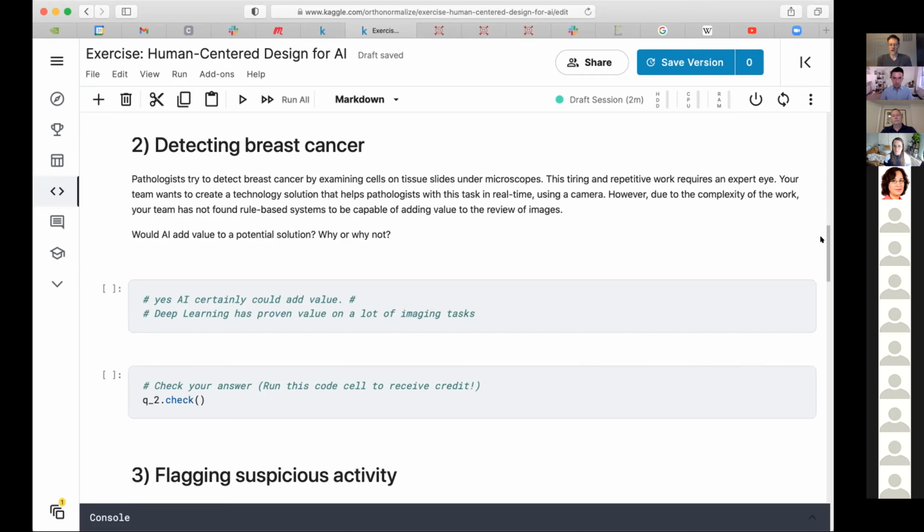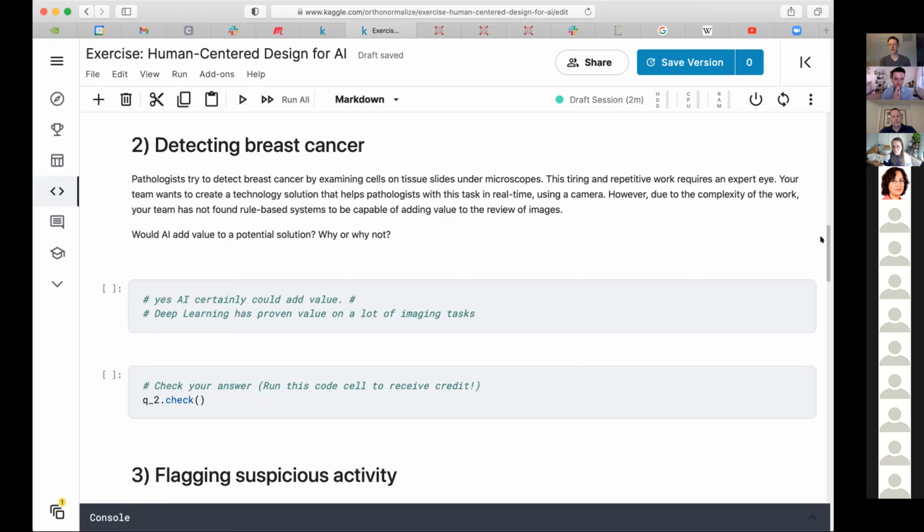Another question was, is this something that AI can do better than humans? That is questionable. Certainly, top radiologists should be able to read X-rays and other imaging, or sorry, this is cells on tissue slides.